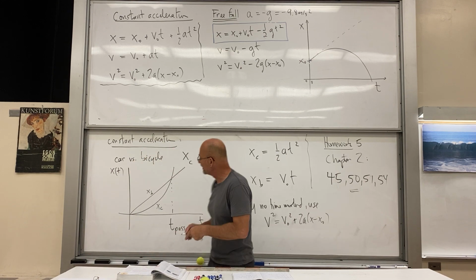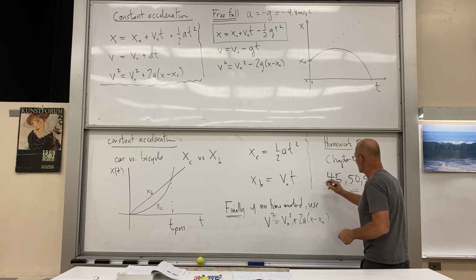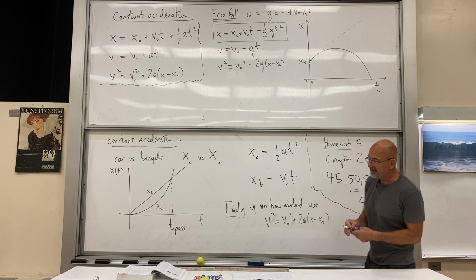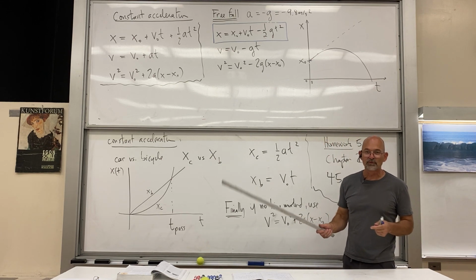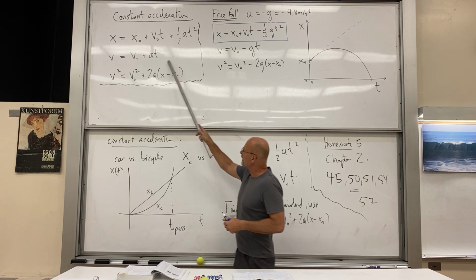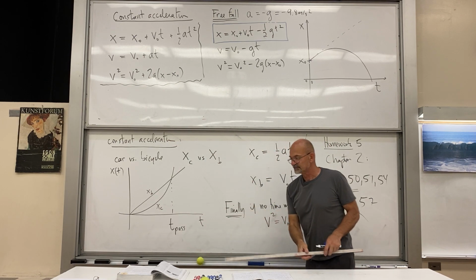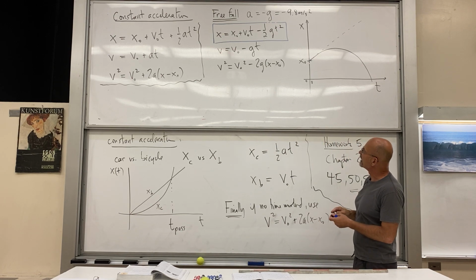Ah, yes, and this 57 here. So 57 is firing a bullet through a board. You're going to want to focus on this formula right here for problem 57. Okay, this is a good set of problems.